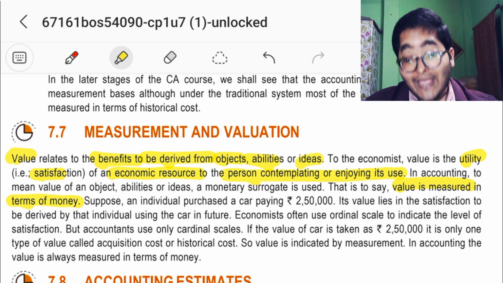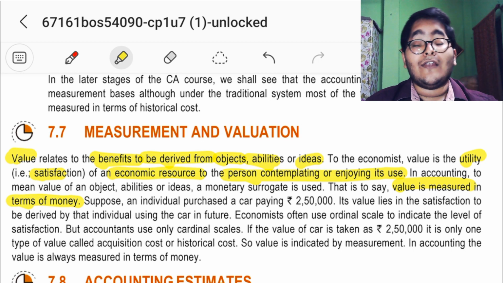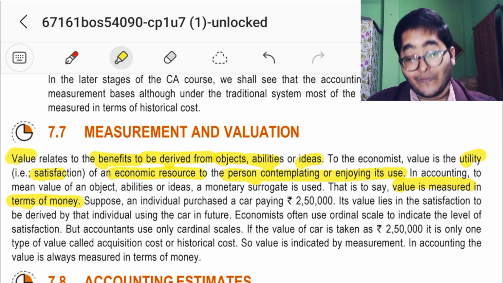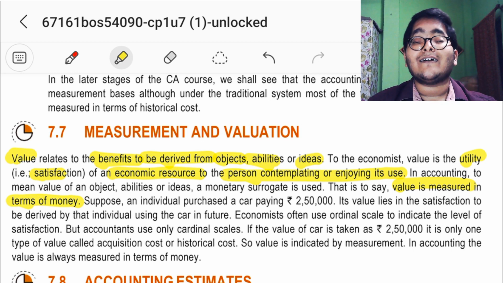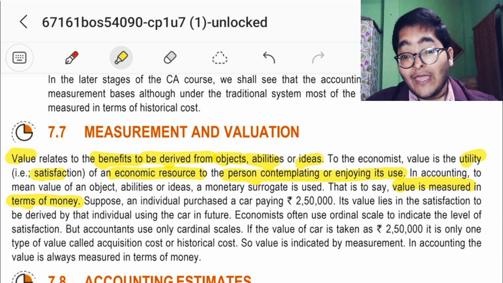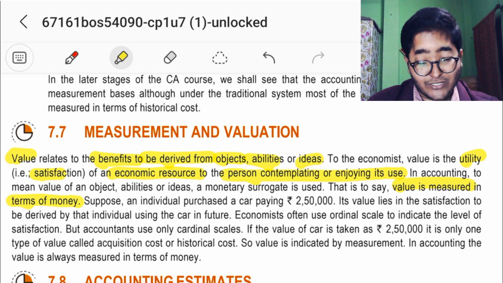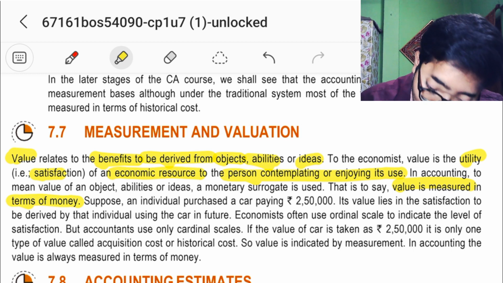Its value lies in the satisfaction to be derived by that individual using the car in future. Economists often use ordinal scale to indicate the level of satisfaction, but accountants use only cardinal scales.